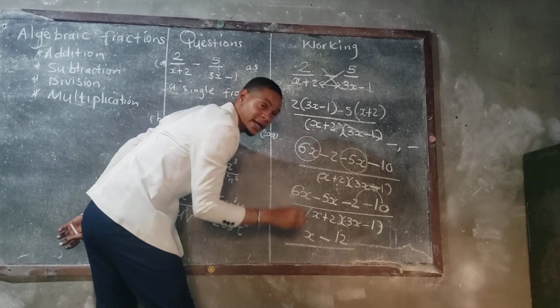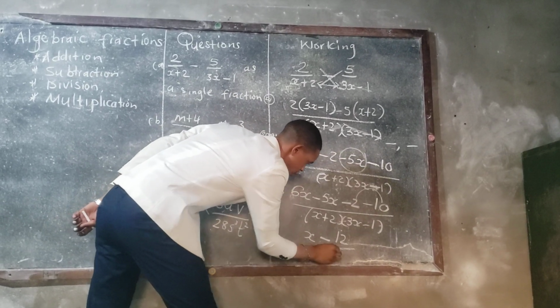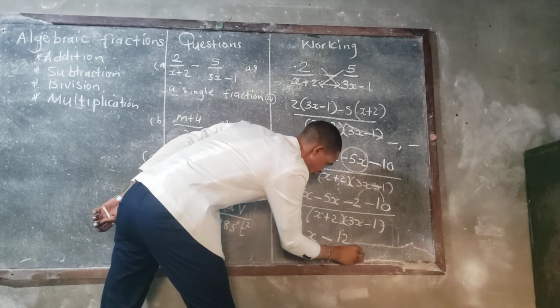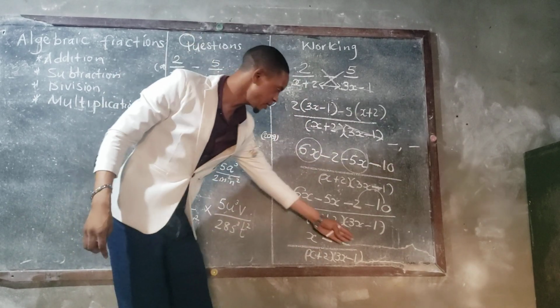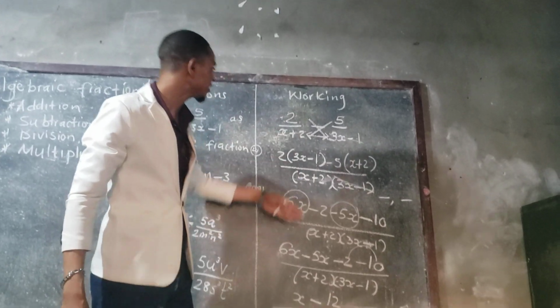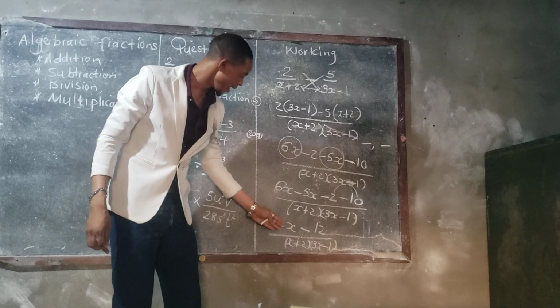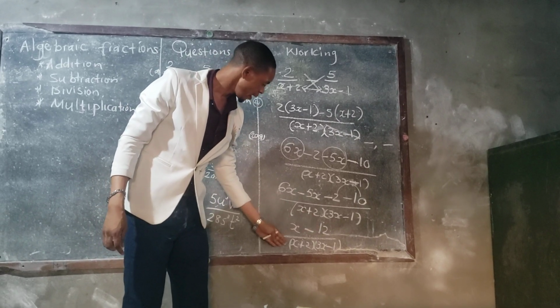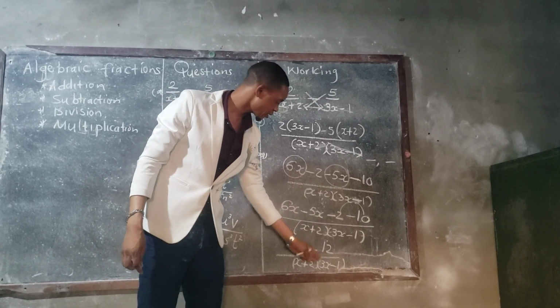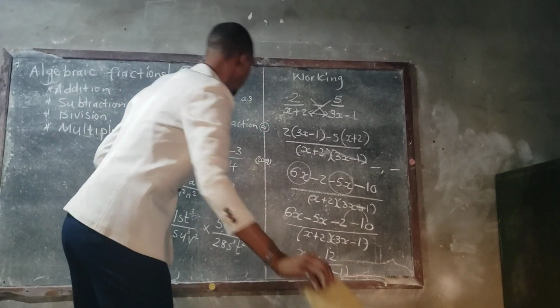Then put my denominator as (x plus 2)(3x minus 1). This is my final answer, and I've expressed this as a single fraction. My final answer is x minus 12 over (x plus 2)(3x minus 1). That is my answer. Okay.